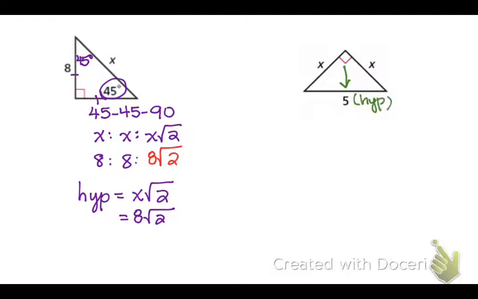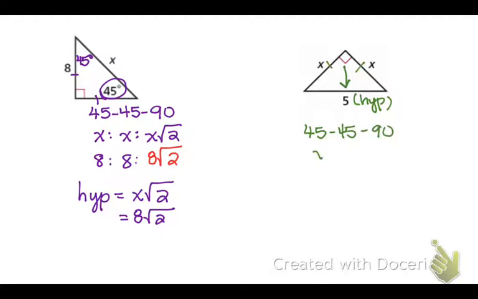They haven't labeled any of your angles in this triangle. However, they have shown me that I have two sides that have the same measure, which tells me I have an isosceles triangle. So I have to be working with a 45, 45, 90 triangle.